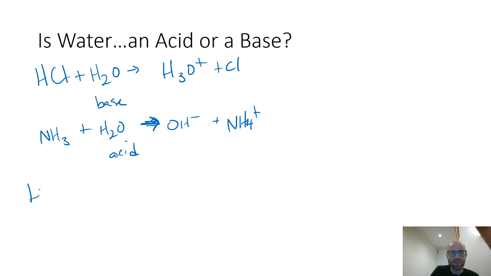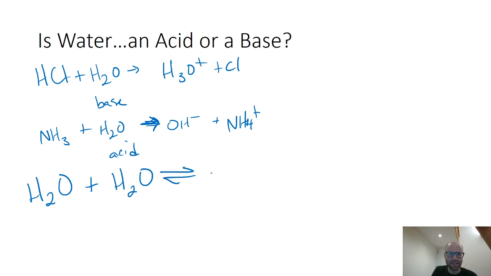is what happens when you just have a lot of water? Well, I suppose there's nothing wrong with one water acting as an acid and one water acting as a base. It's hypothetically possible.